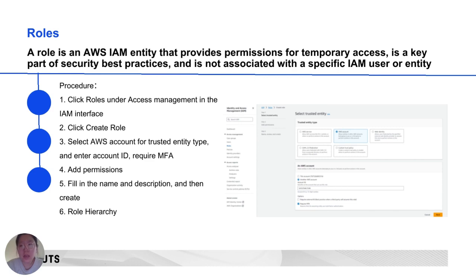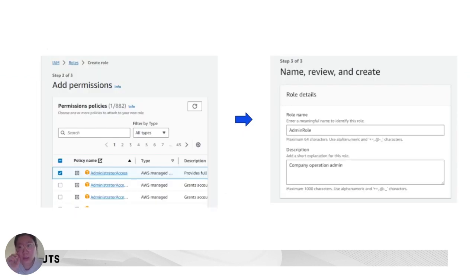I accessed the IAM interface, clicked on Roles under Access Management, and clicked Create Role, selected AWS account as the trusted entity type, and entered the account ID, ensuring multi-factor authentication was required, and added the necessary permissions, filled in the name and description, and then created the role.